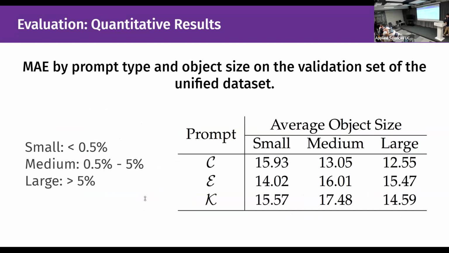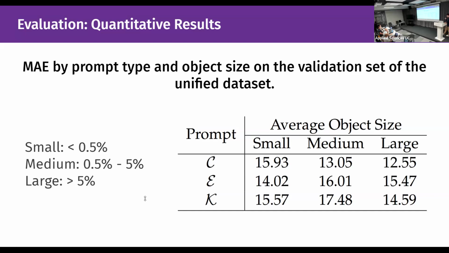Okay, we also analyzed the relation between the prompt type and the object size in those prompts. We categorized the objects by their area into small, medium, and large. And as you can see, cross-image counting is most effective with large objects, while object templates work better with smaller objects.